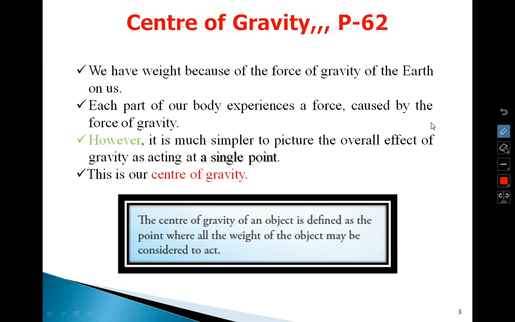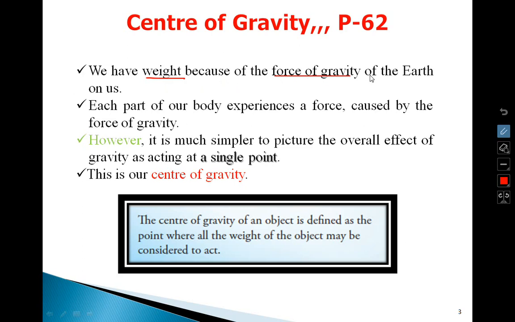As we can see in your textbook, we have a weight. Every one of us has a weight because of what? Because of the force of gravity. If the gravity is there, there's a weight. This weight comes from what? The force of gravity.